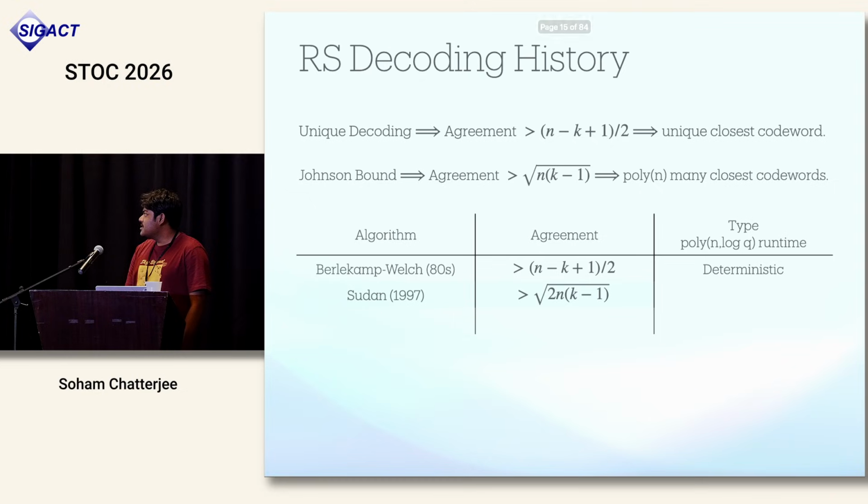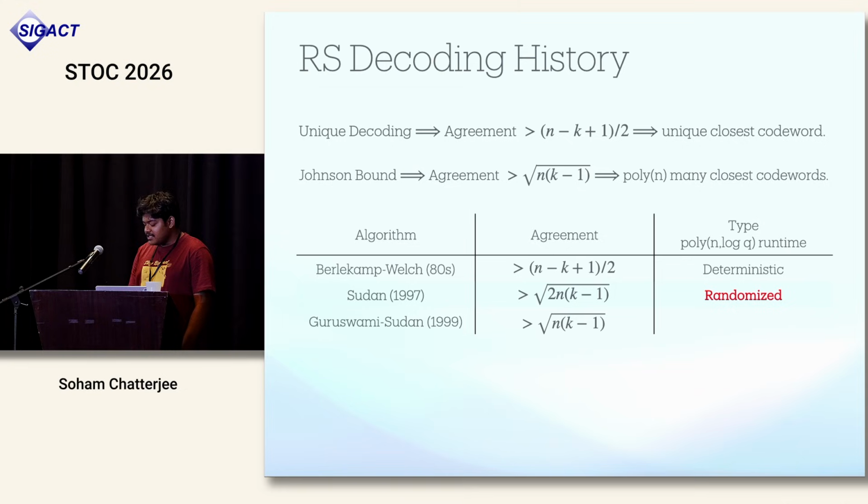For the list decoding regime, Sudan gave a square root of 2 times n times (k minus 1) agreement, but the algorithm is randomized, though it takes polynomial of n and log q runtime. Later Guruswami and Sudan improved the agreement to square root of n times (k minus 1), which is the Johnson bound. But again, this is a randomized algorithm.